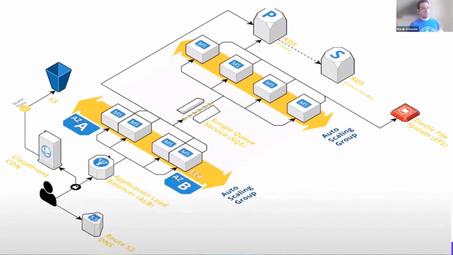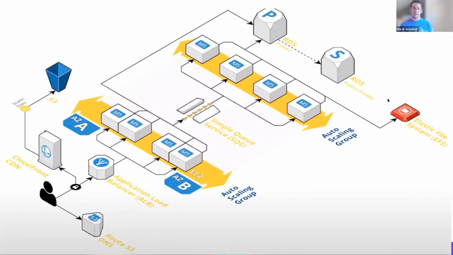The application server has a load balancer that is connected to a set of VMs in EC2s in AWS. Those specific VMs have an SQS that is doing data processing, an auto-scaling group that is attached to a database, and we also have a file storage that is attached as a mount to that set of VMs.